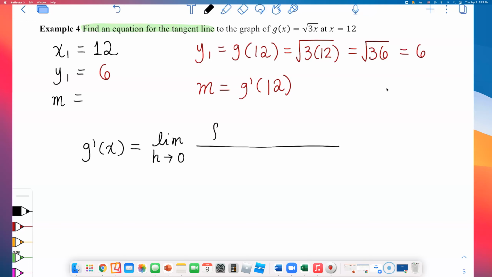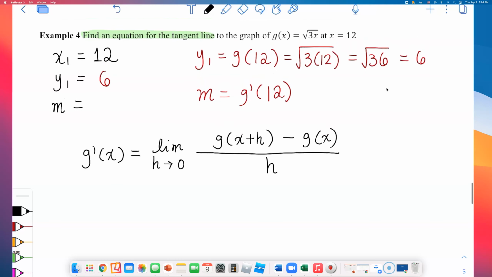Oh, not f, I'm sorry. Let me go ahead and change it to g. g of x plus h minus g of x divided by h. All right, let us find the simplified difference quotient first, and then we're going to plug in h equals 0.